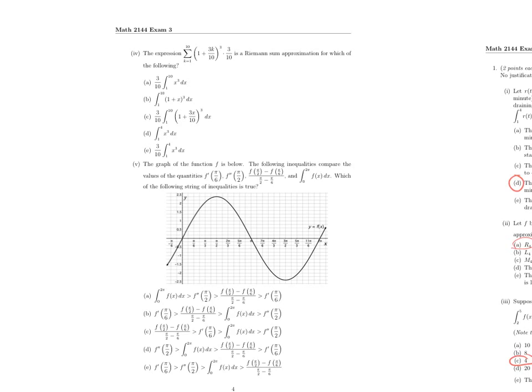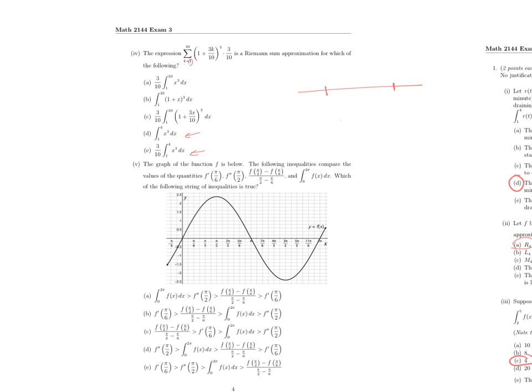So on this one, I'm given an expression that's the Riemann sum approximation of which of the following. So the 3/10, let's see here. I'm dividing it up into 10 pieces, and it's an interval of length 3. So these are the only ones that are intervals of length 3, because they go from 1 to 4.